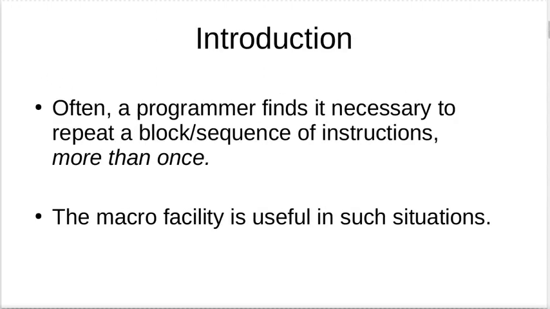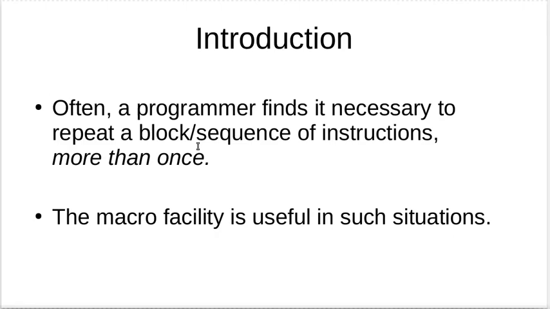To begin with, the need for a macro: a programmer often finds it necessary to repeat a block or a sequence of instructions more than once. As we have seen in lecture 1, there is a dire need of repeating a sequence of instructions more than once in the same program.